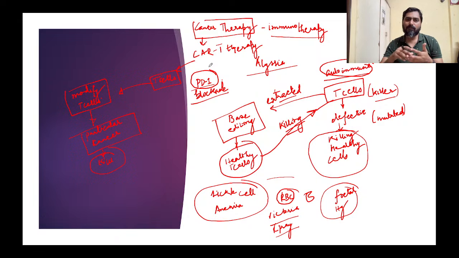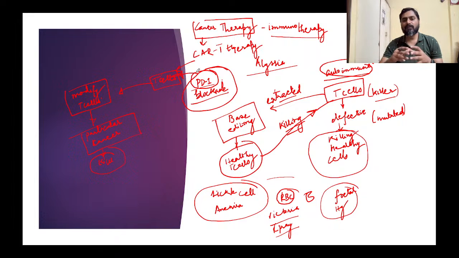This protein doesn't allow the T cells to identify the cancer cells. So they are acting like brakes on T cells. Our T cells have the capacity to kill the cancer cells, but these PD1 proteins are not allowing the T cells to identify cancer cells. So what we are doing, again, is using gene editing tools to block this PD1 protein.